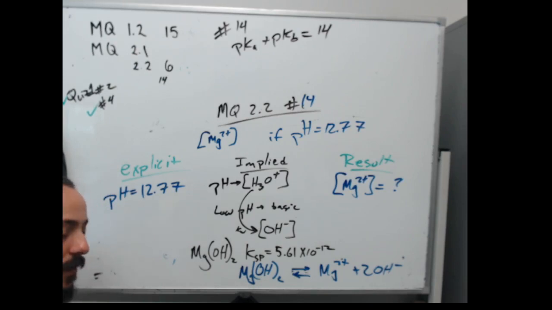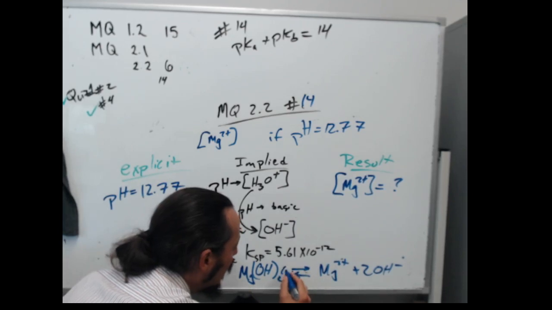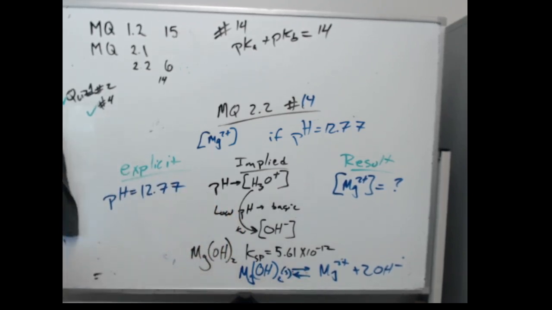Okay, and if it's a small KSP, it means it will precipitate first. Small KSP means more solids. So if we were looking at that other problem set, talking about what's going to precipitate first and what's going to precipitate second, if that had an extremely small KSP, it would precipitate first, compared to the others, because it wants to be a solid.